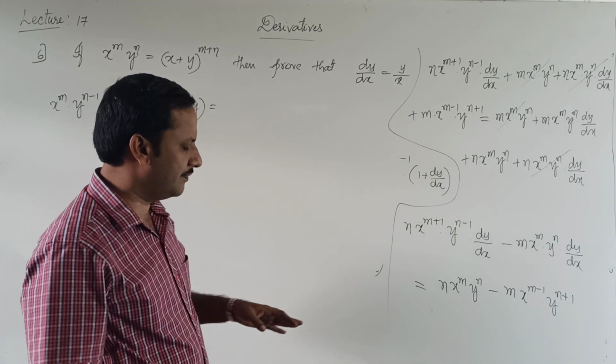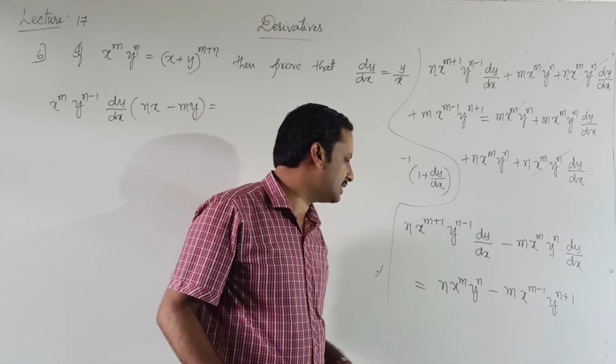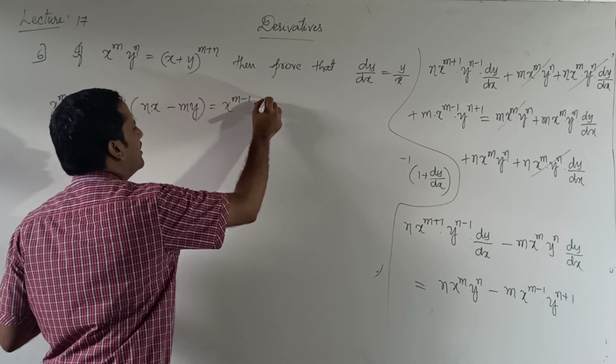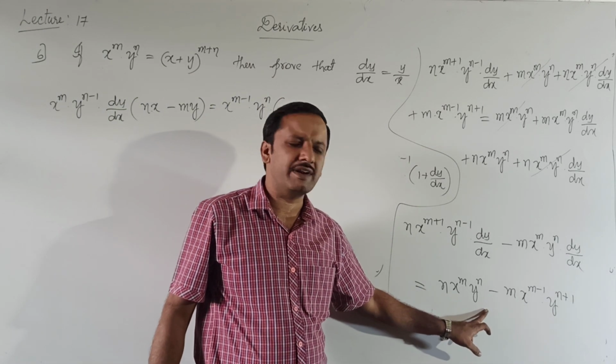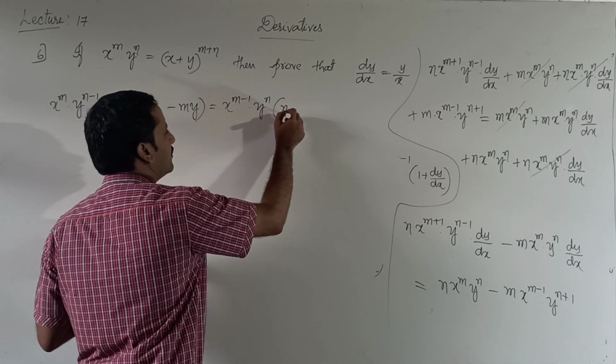That's equal to, here on RHS I will take x power m minus 1 and y power n as common, then here nx will remain.